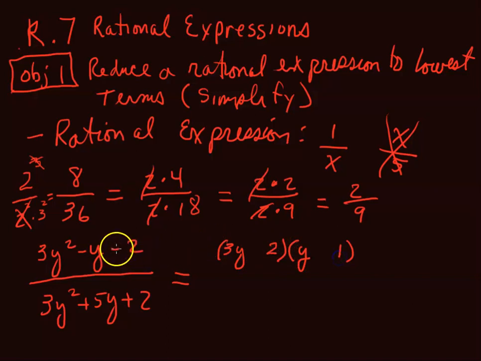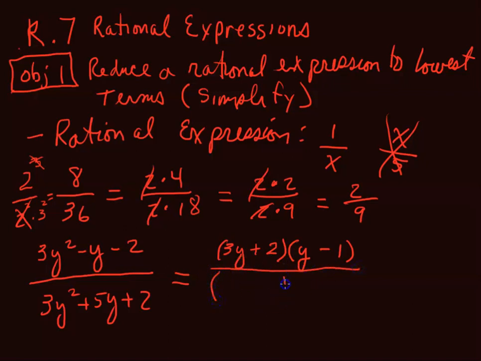Since it's a negative, it's got to be positive and negative. But I want the middle term to be negative. So this 3 times 1 I want to be negative: 3y times negative 1 and 2 times y. That should work. 3y squared and the negative 2. Here's a positive 2y and negative 3y, and that gives me the negative y.